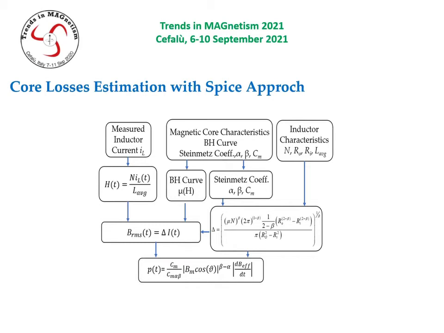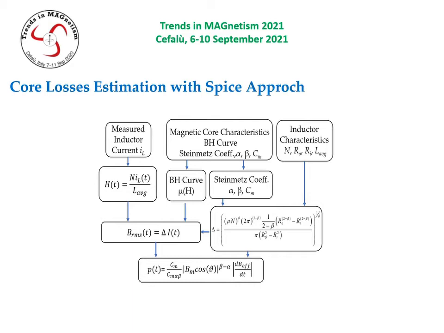So starting from the material and geometry inductor information, we move on to the estimation of the core losses with the three different approaches. In this slide is shown the approach used to estimate the core losses through the SPICE simulation. In particular, we measure the real current flowing through the inductor, and starting from some geometry information we obtain the magnetic field.